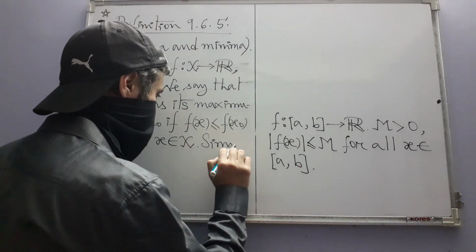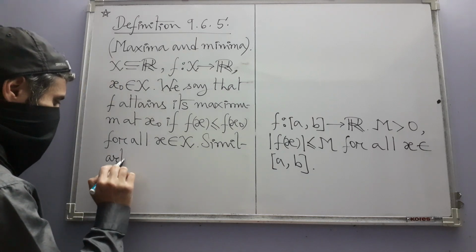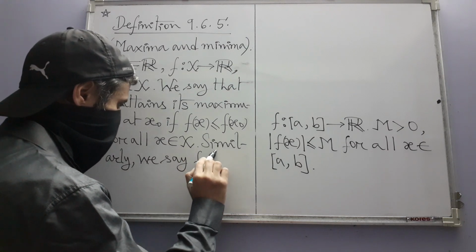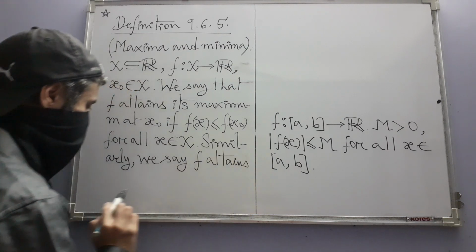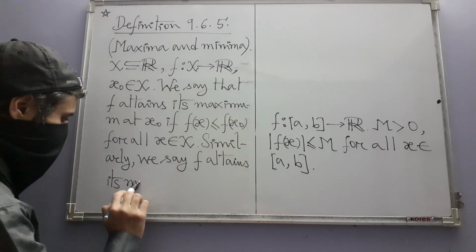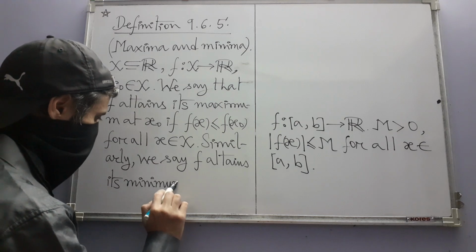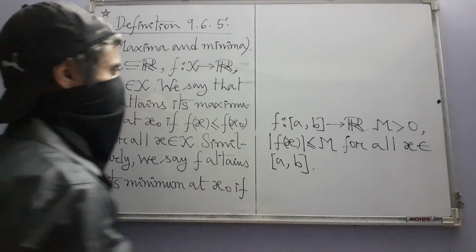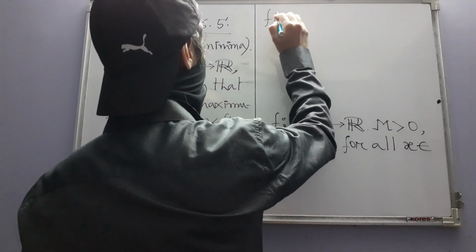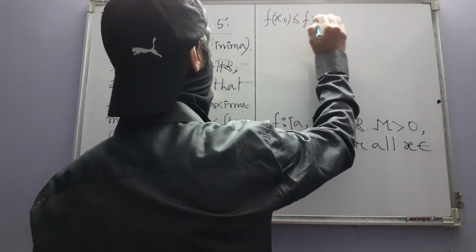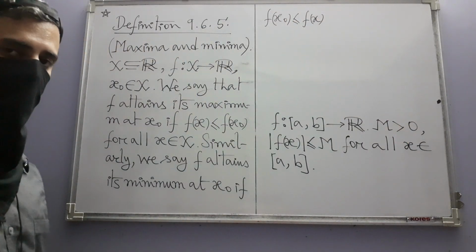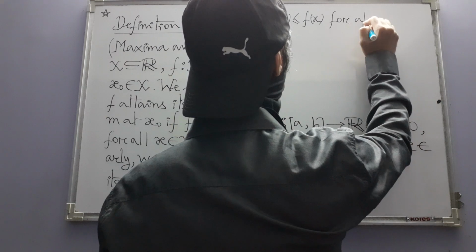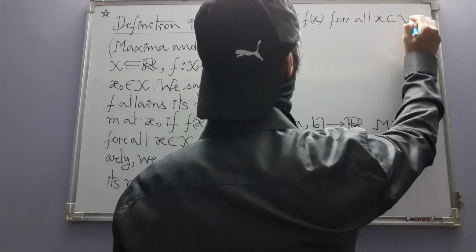Similarly, we say f attains its minimum at x naught if f of x naught is the smallest of all the available f values, for all x in x.